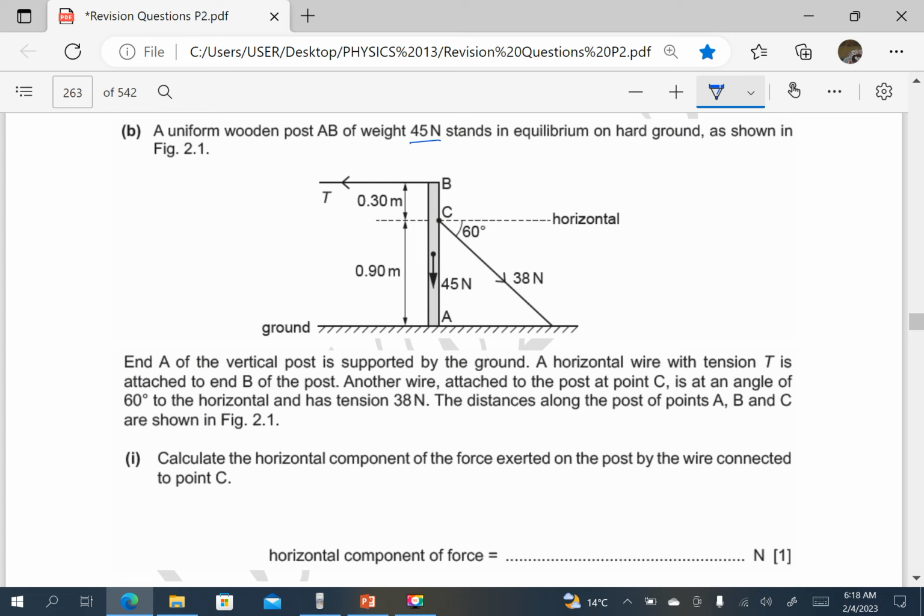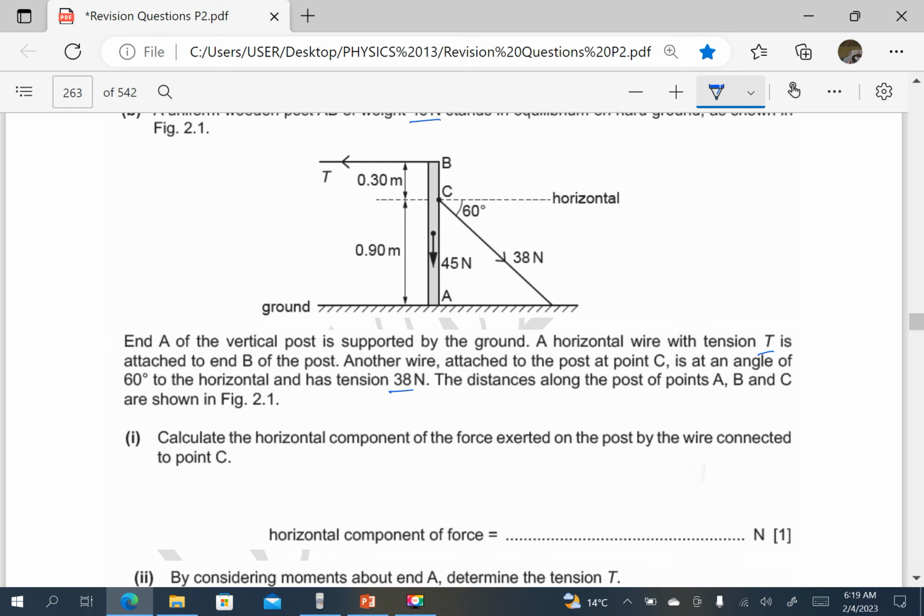End A of the vertical post is supported by the ground. A horizontal wire with tension T is attached to end B of the post. Another wire attached to the post at point C is at an angle of 60 degrees to the horizontal, and has a tension of 38 newtons. The distances along the post of points A, B, and C are shown there.